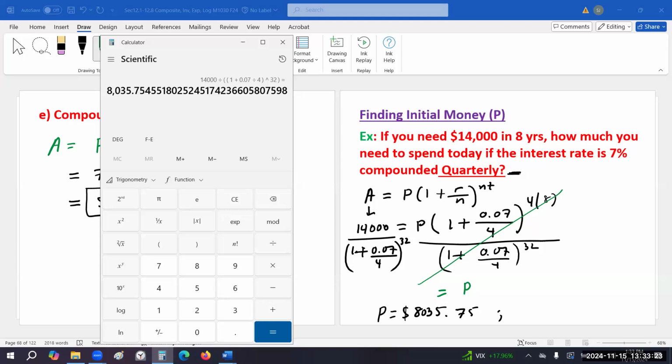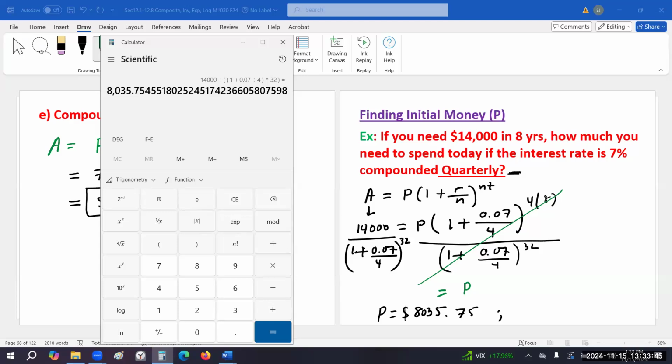So you see, how did I insert my 14,000 and then the double parenthesis? One parenthesis for this and another parenthesis for the whole denominator. For the power, we use this thing, x to the power y. If you're using a scientific calculator, you need to see this symbol, something with the power something.